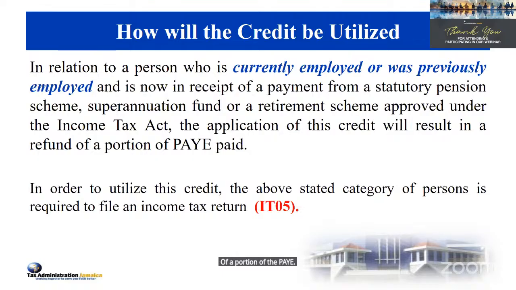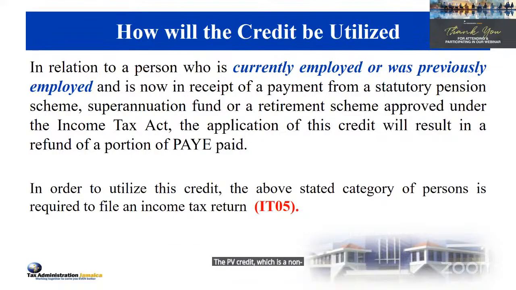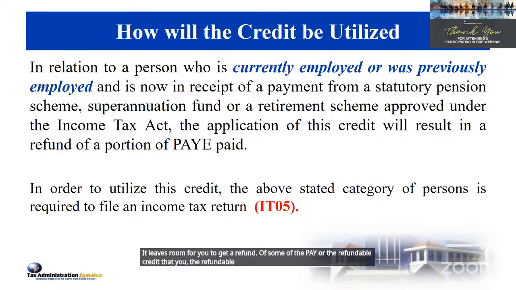And I need to make it abundantly clear that for the employed person, for the person who is using the IT-05, the PV credit, which is a non-refundable credit, because you're taking the non-refundable credit, it leaves room for you to get a refund of some of the PAYE, the refundable credit. The PAYE is a refundable credit that you would have.